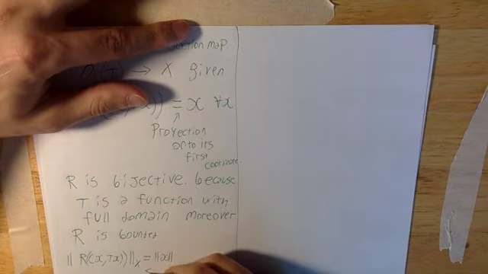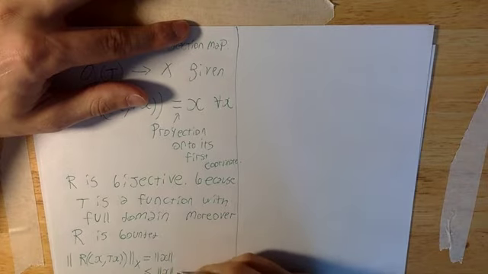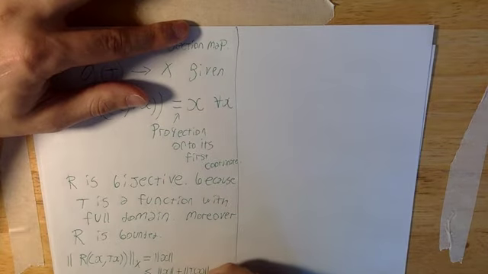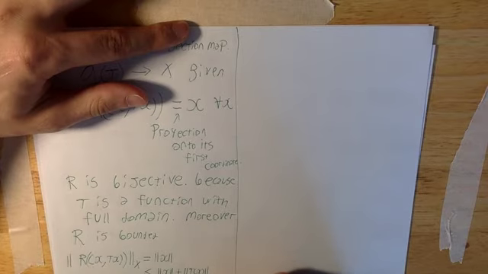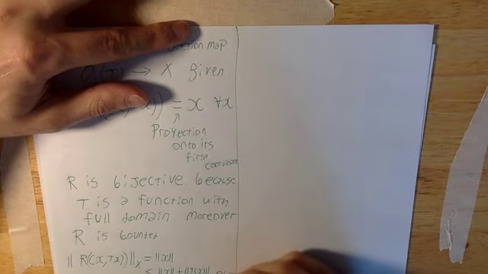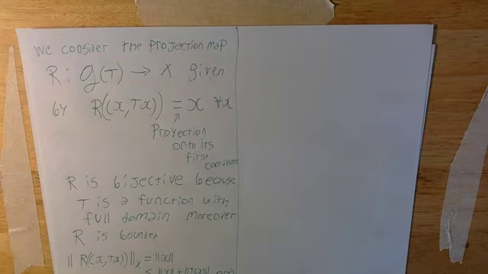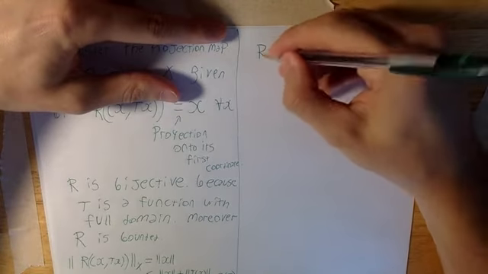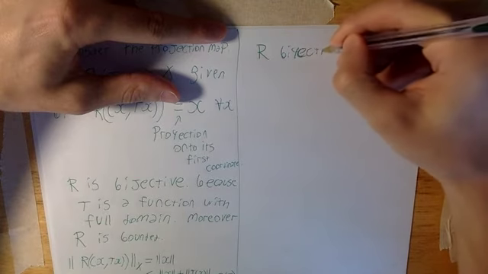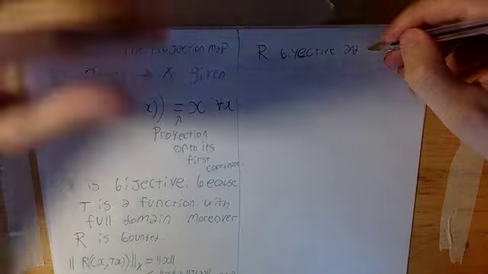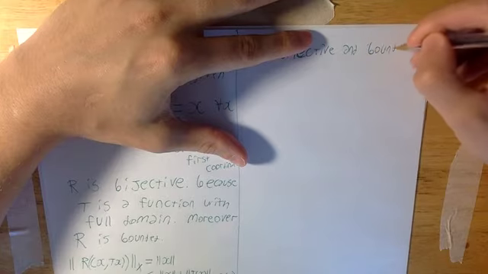But this is less or equal than the norm of x plus the norm of T of x, which is equal to the norm of (x, Tx) with respect to the product topology, which is also the graph norm of T. So in particular we have R bijective and bounded.